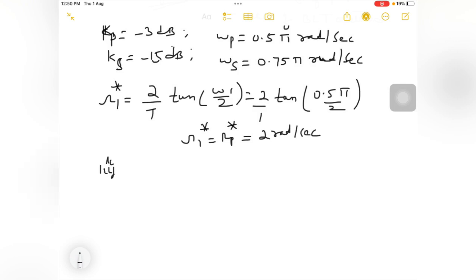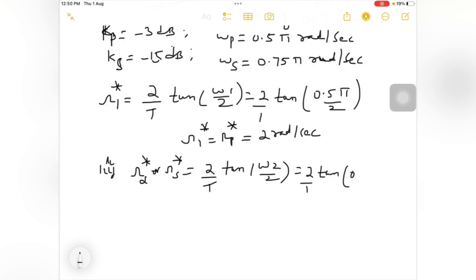Similarly, omega 2 star or omega s star is equal to 2 by T into tan of W2 by 2, that is 2 by 1 into tan of 0.75 pi by 2. If you simplify, you will get omega 2 star is equal to 4.828 radian per second. These are the corresponding analog frequencies.